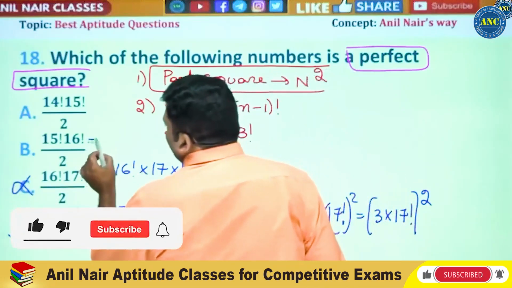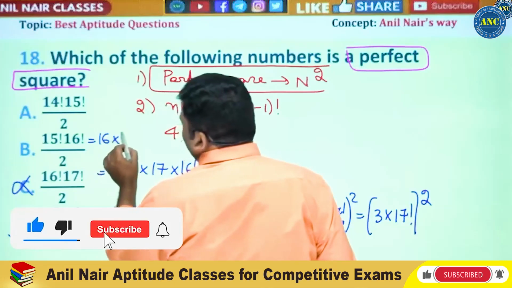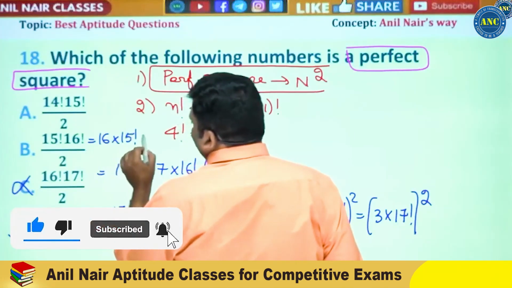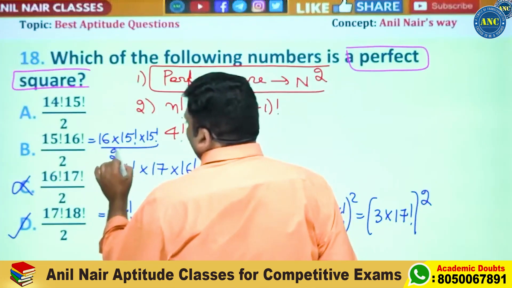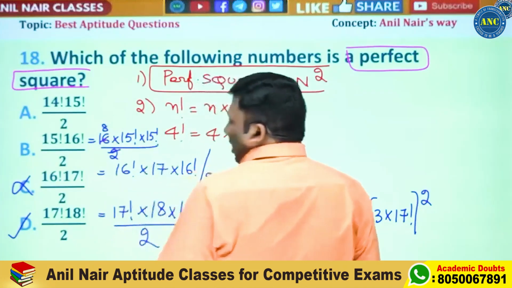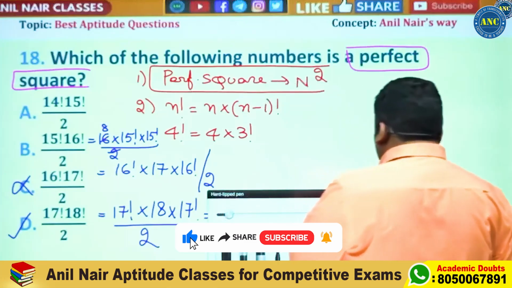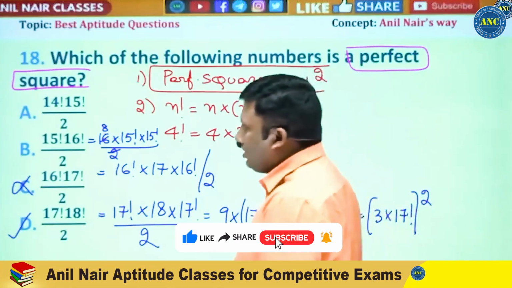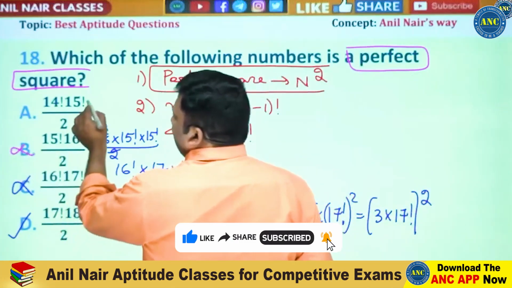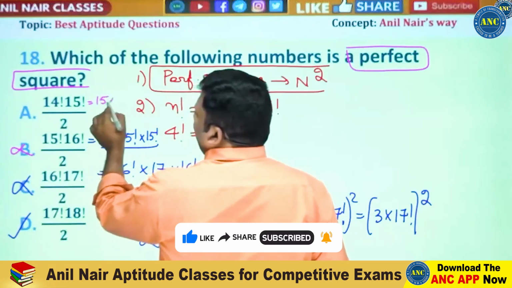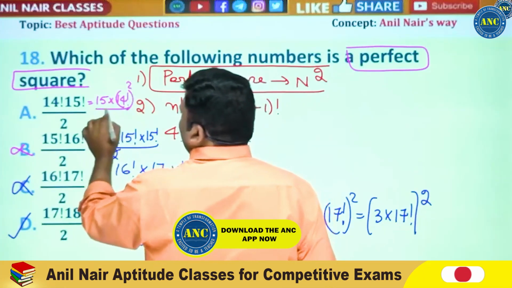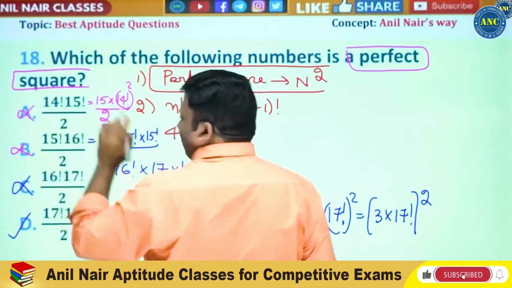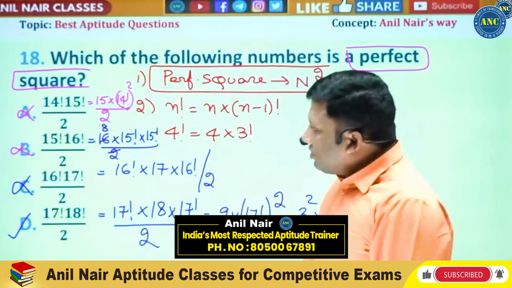This is 15 factorial into 16 factorial: 16 into 15 factorial into 15 factorial divided by 2. 2 8s are 16. A perfect square never ends with 2, 3, 7 or 8. This is not possible. Then 15 factorial is 15 into 14 factorial whole square divided by 2. 15 is not divisible by 2.